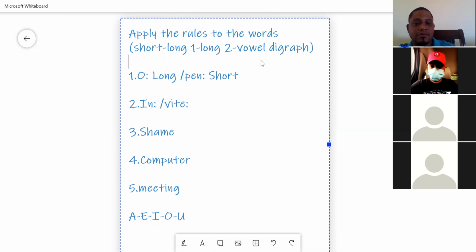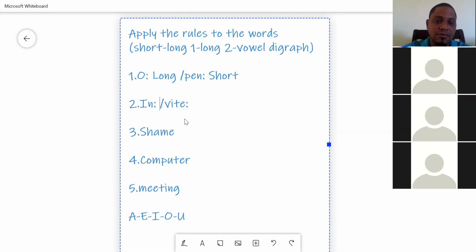Because we say "in" and not "ein", when the vowel is alone. And the first one is short, because short vowel rule is "in". And the next one is the long vowel rule number 1. Very good.